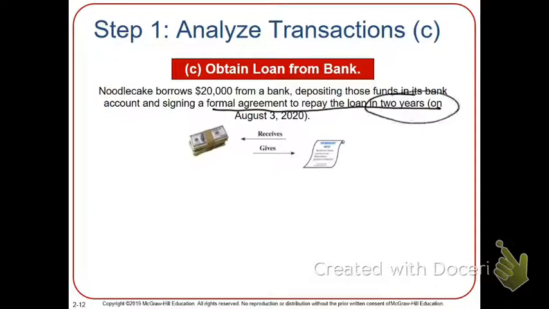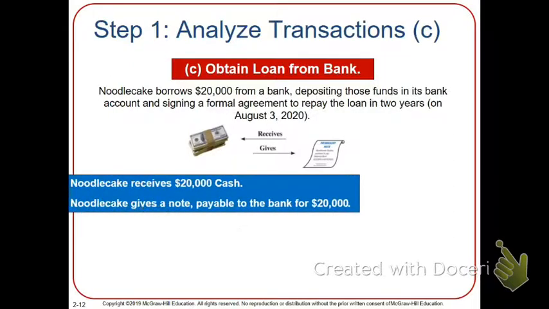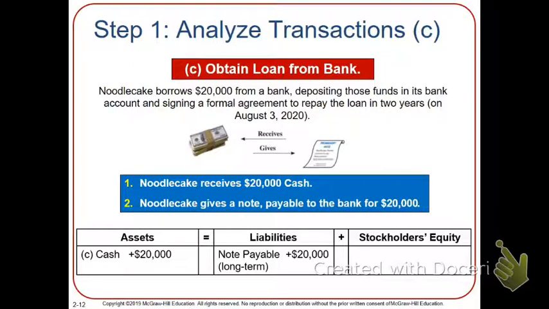We've got two things going on. One, it says 2 years, and two, it said formal agreement to pay. You can almost guarantee if it's a loan from the bank, it's going to be a notes payable. So this one is going to be an increase in cash and an increase in liabilities. That way both sides are equal. Liability went up and cash went up.